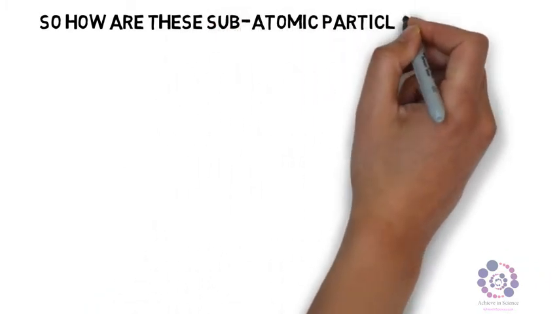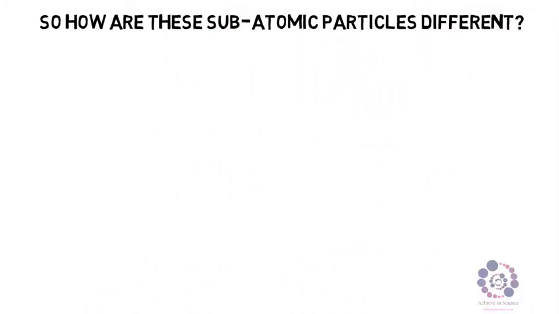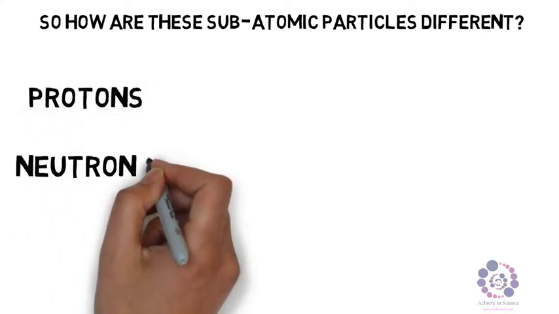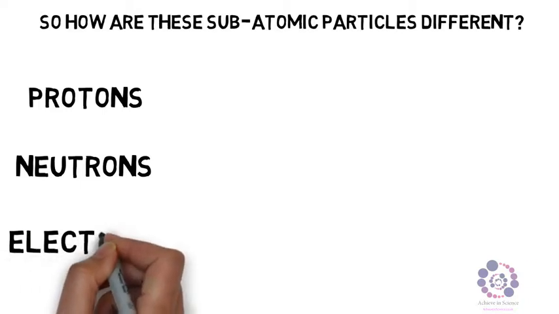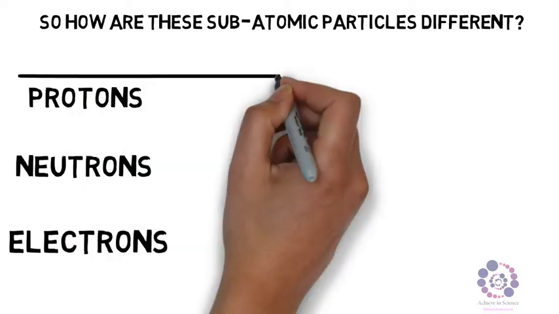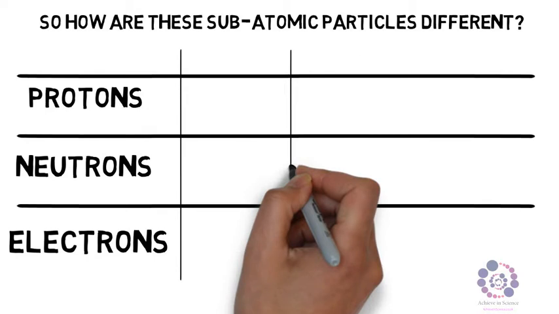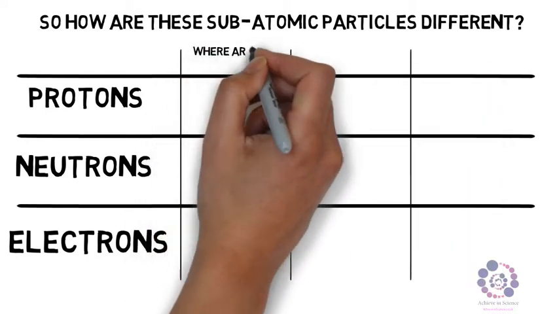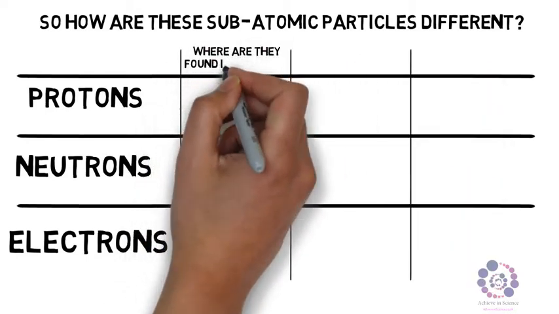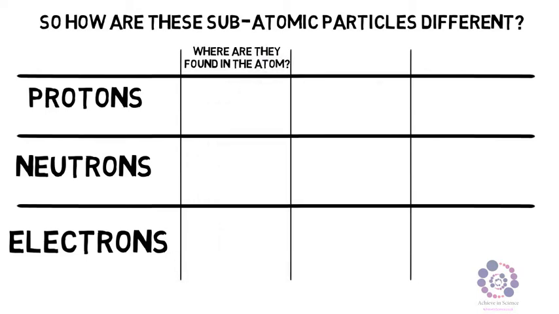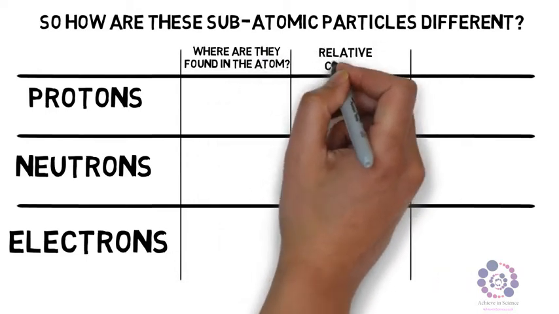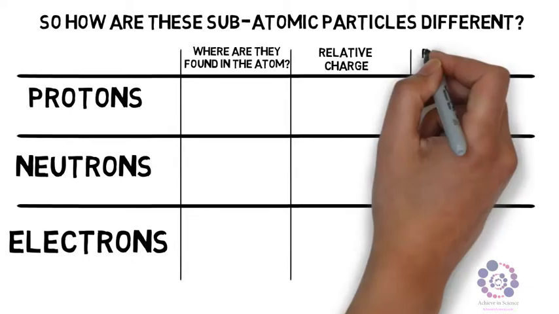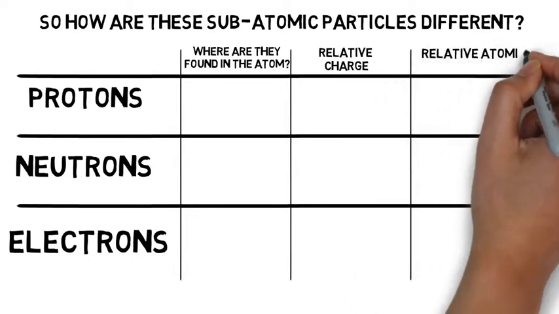The 3 subatomic particles are protons, neutrons, and electrons. And there are differences between them in the fact that they are found in a different place within the atom. They have different relative charges, and their relative atomic masses are different.